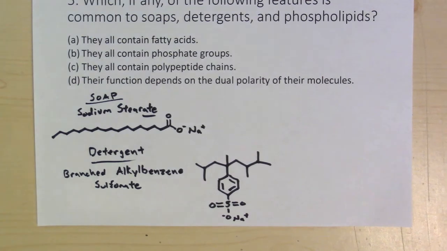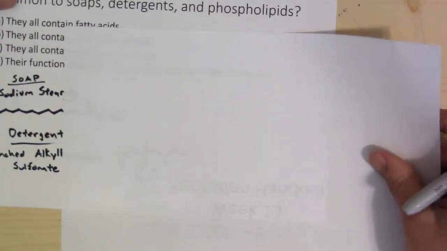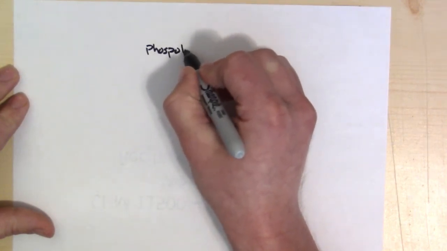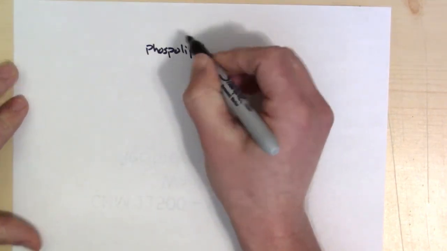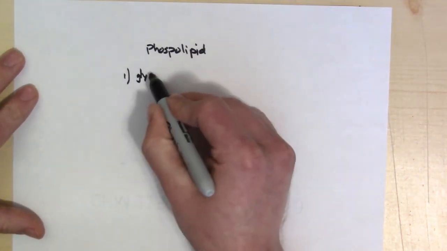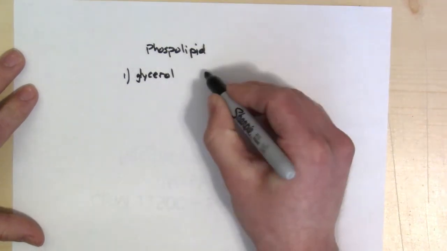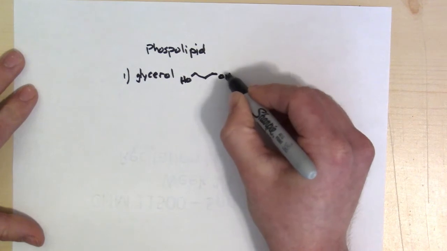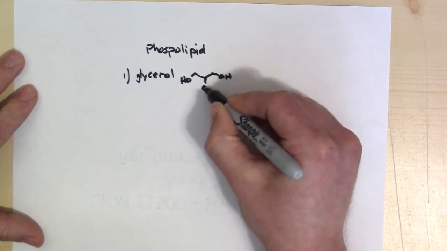So the fourth possibility is the phospholipid. So I need a little bit of extra room here. So a phospholipid is comprised of 4 parts. So one is typically glycerol. So glycerol has 3 carbons, and on each carbon is an alcohol.